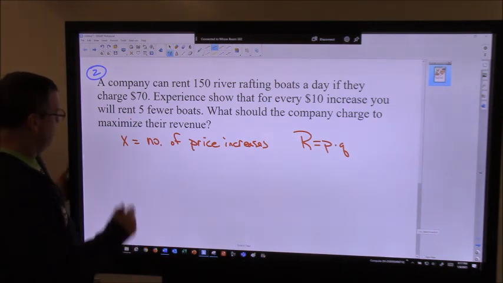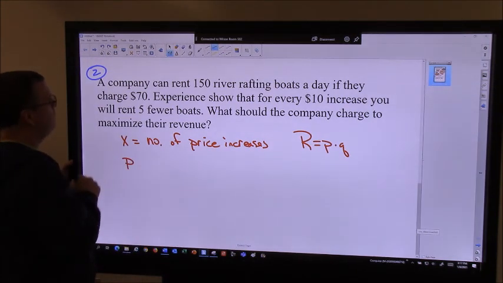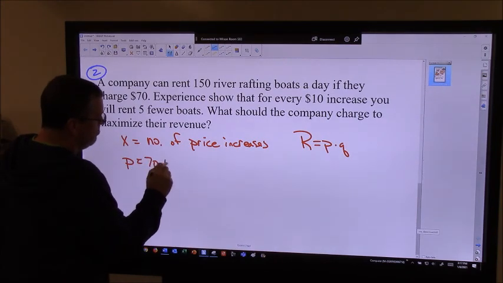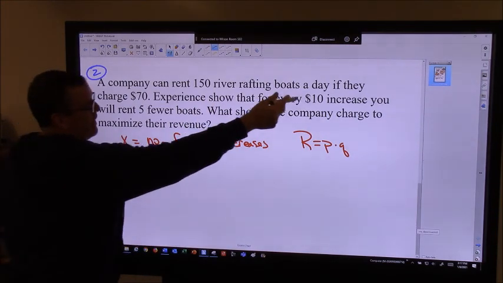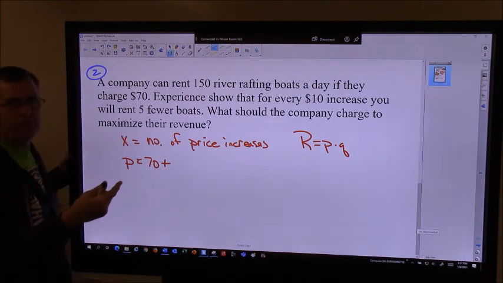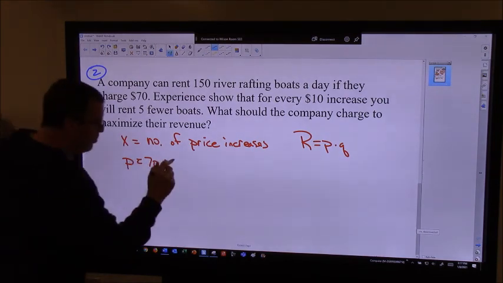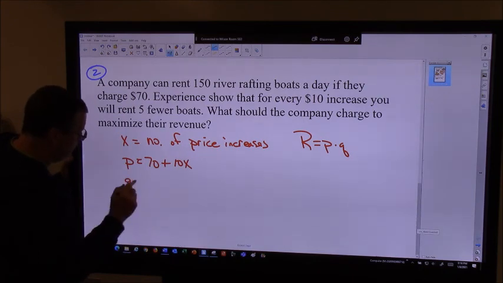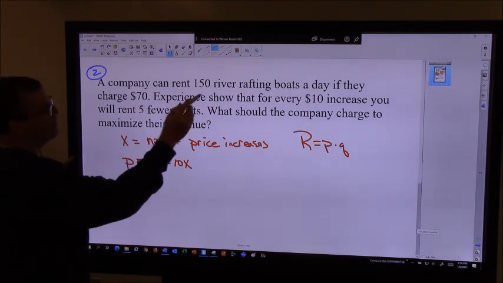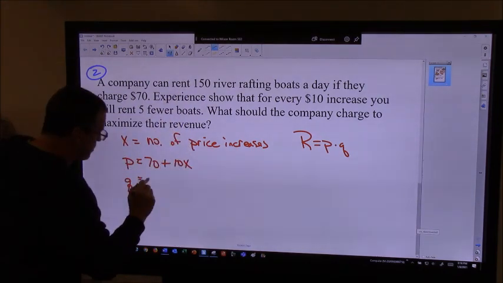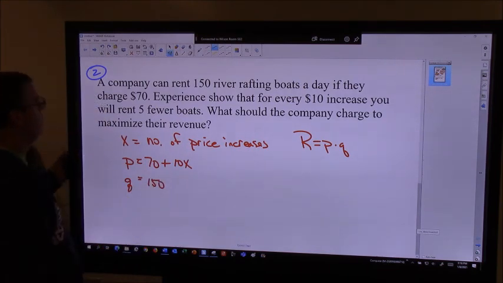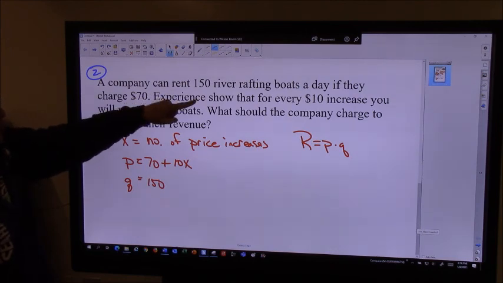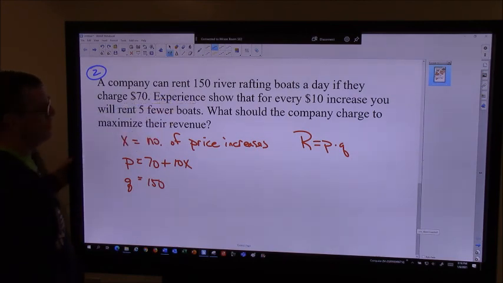All right? So my price for this river raft is going to be $70 plus, we're going to add 10 bucks, but we're not sure how many times we're going to do that. So plus 10x. And then the quantity is going to be 150 rafts minus 5 rafts every time I raise the price by 10 bucks.